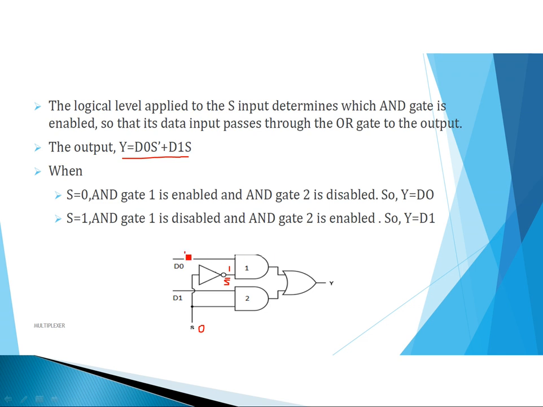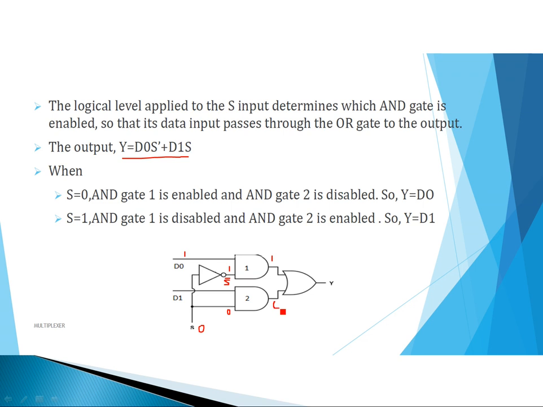Let's consider d naught value is 1. The output of this AND gate is 1. And for the second AND gate, S is directly connected to one input of the AND gate. So now this input is 0. Now the output of this AND gate is 0 irrespective of the D1 value, because in an AND gate, if one input is 0, the output is always 0.